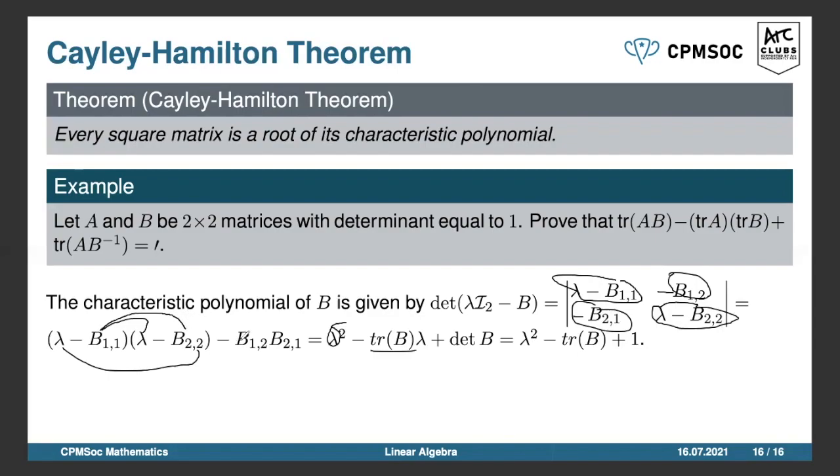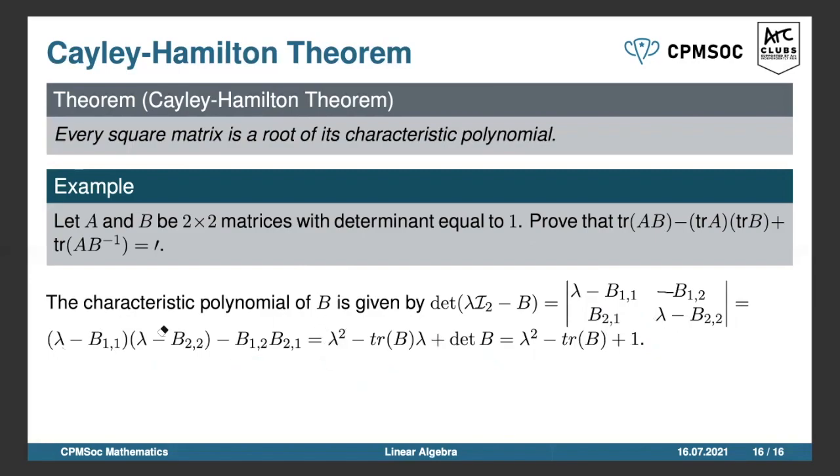And if we take this in conjunction with the B11 times B22 positive minus B12 B21, well, this is the ordinary diagonal of the matrix minus the other diagonal. For a 2 by 2 matrix, that's just the determinant. So we have lambda squared minus the trace of B times lambda plus the determinant of B, which we know is 1 by definition. So we know this is the characteristic polynomial of the matrix. That should be lambda.